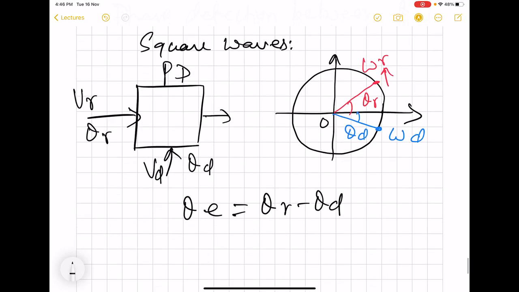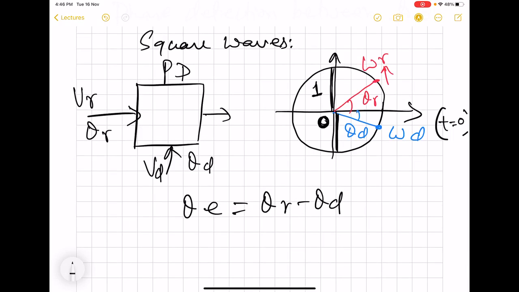So now we have this scenario at t equal to 0. At t equal to 0, the omega r or the VR signal is going to have projection equal to 1. Its value is going to be 1. However, the value of omega d, that means the VD signal, is going to be equal to 0 because it is in the lower half.